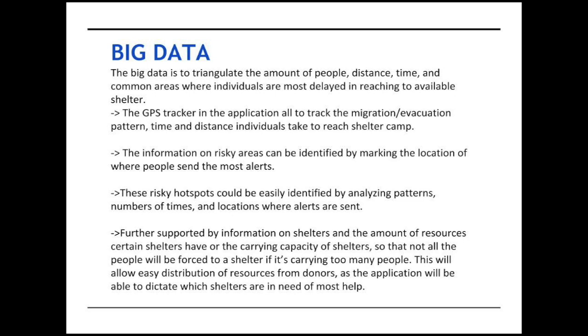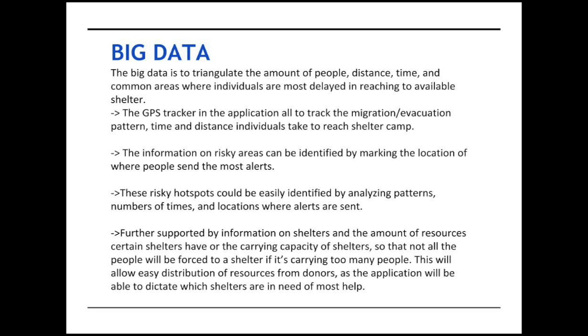This is essential because in areas where there are too many people and too few shelters, the government will immediately be notified by the application what areas have a large disparity between the amount of shelter and the amount of people there. This is part of the big data, which is used by the application to provide more information.